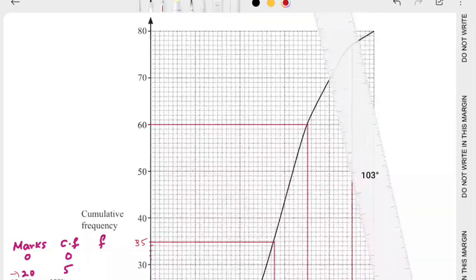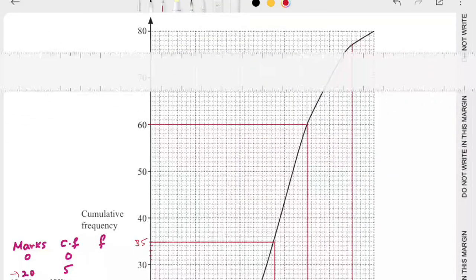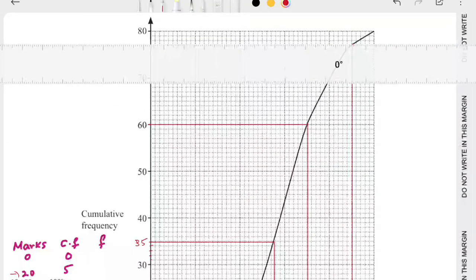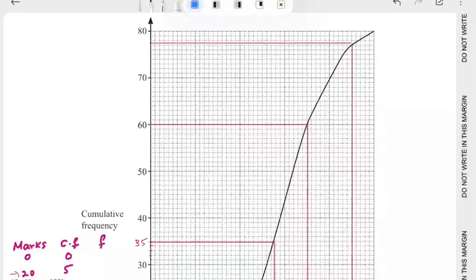So let me check it. It is 71, 72, 73, 74, 75, 76, 77.